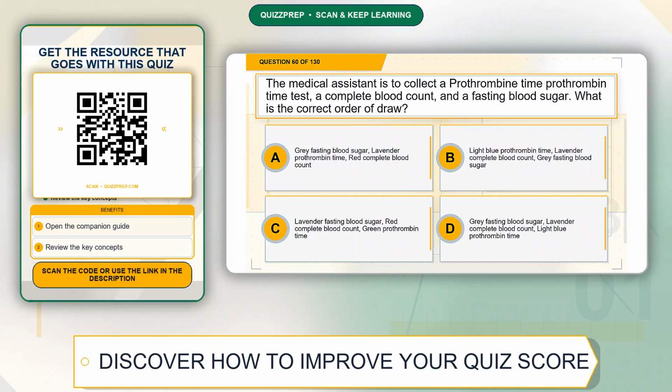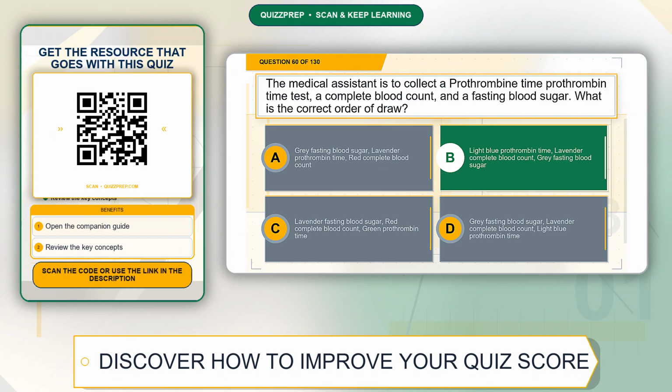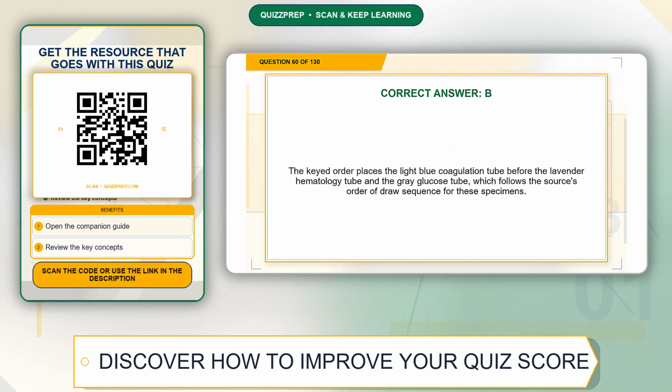Option D, gray fasting blood sugar, lavender complete blood count, light blue prothrombin time. The correct answer is option B, light blue prothrombin time, lavender complete blood count, gray fasting blood sugar. Explanation. The keyed order places the light blue coagulation tube before the lavender hematology tube and the gray glucose tube, which follows the source's order of draw sequence for these specimens.